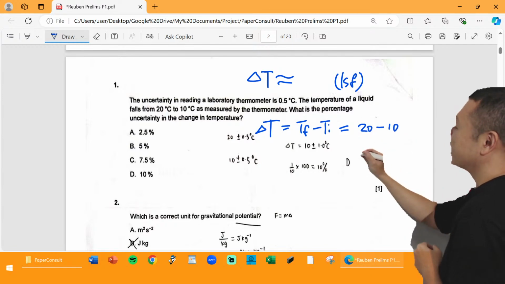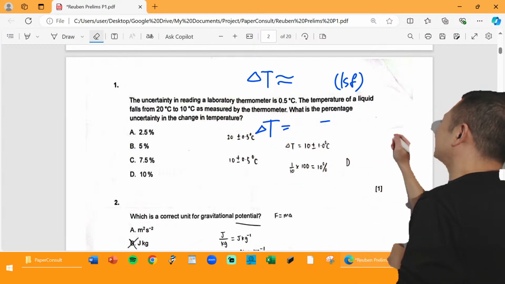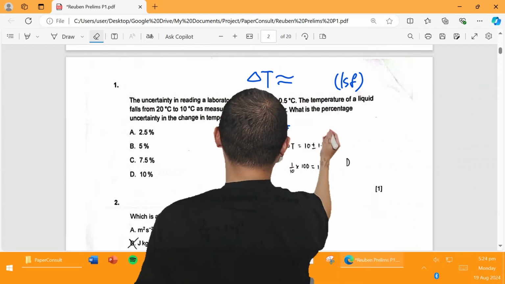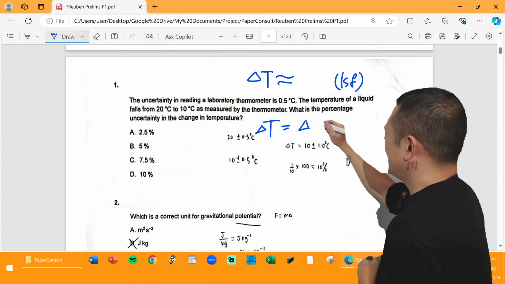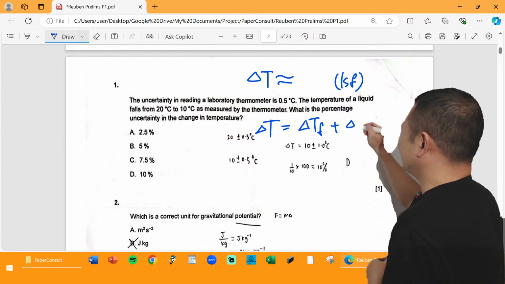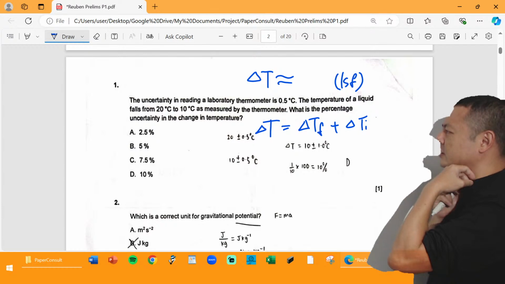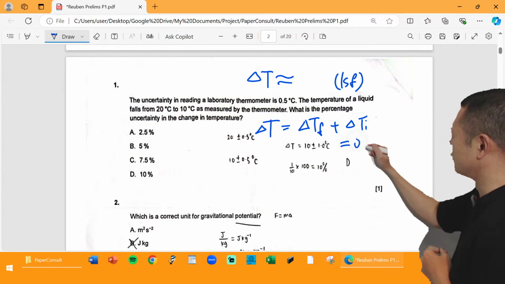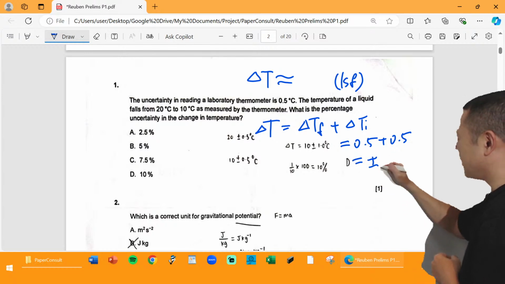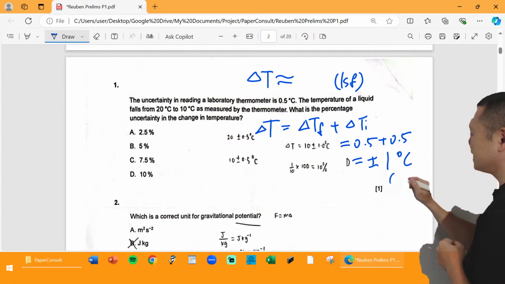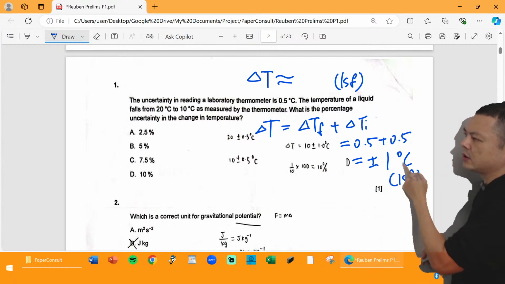Sorry, the uncertainty delta T is the uncertainty of T final plus the uncertainty of T initial, because it's a subtraction, and uncertainties add. So it's 0.5 plus 0.5, which becomes plus minus 1 degree Celsius, and absolute uncertainty must always be rounded off to 1 SF. So it's 1 degree Celsius.